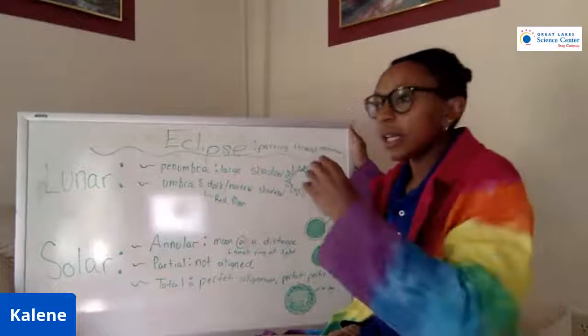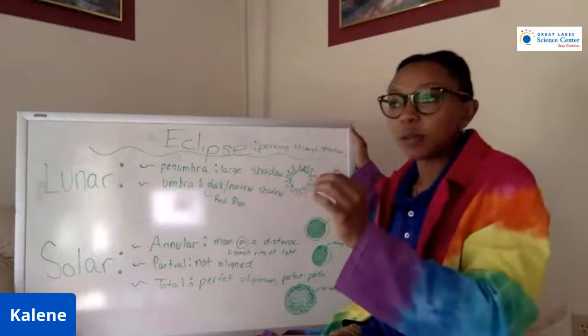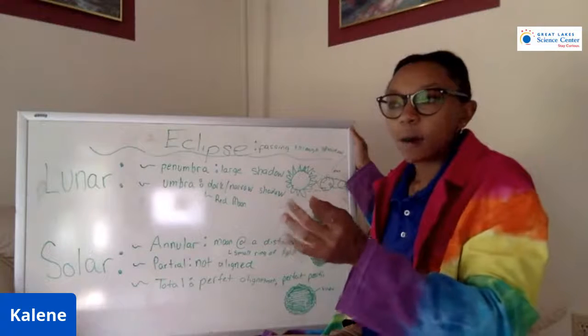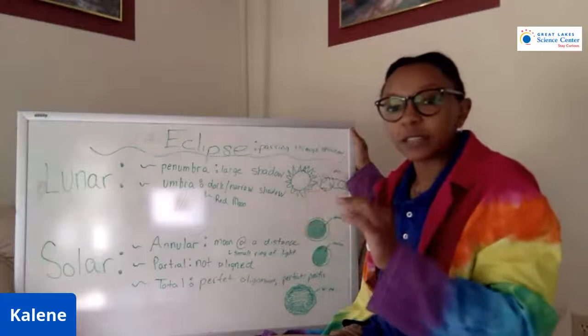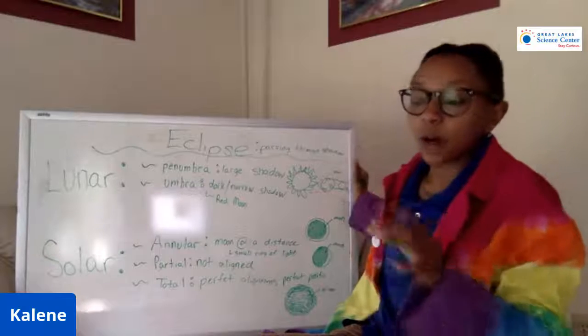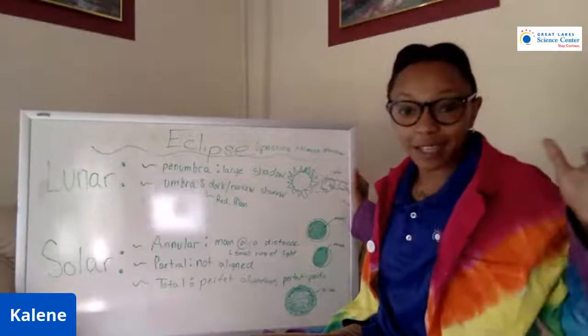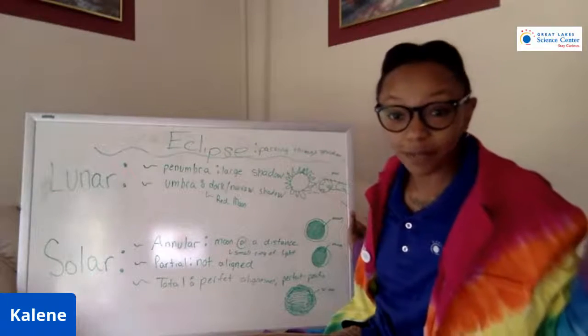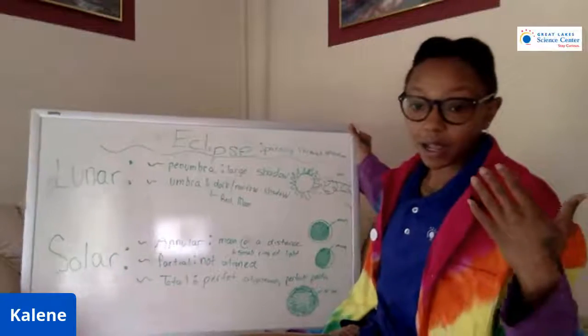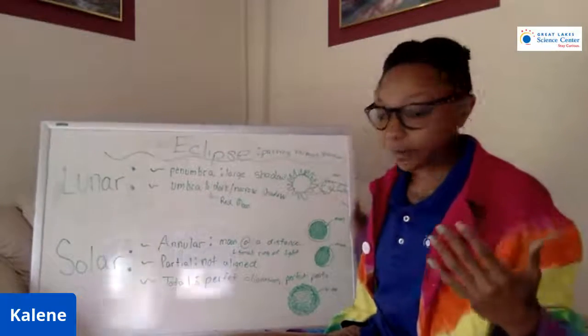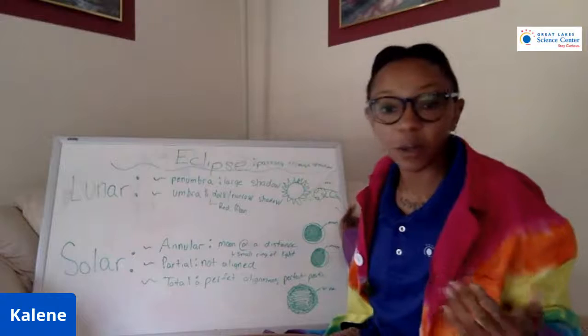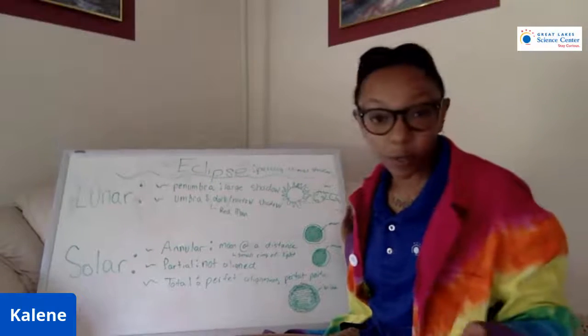From the scattered light and wavelengths, it appears as if it is red. From our eyes, it'll appear different shades of red. So that's why they call it a blood moon or a red moon.